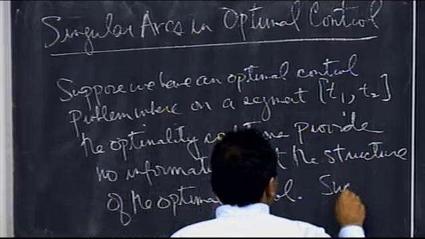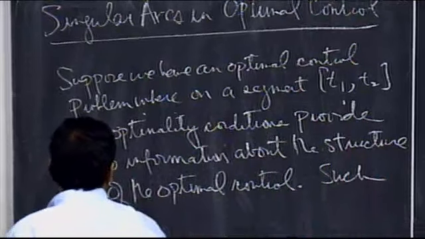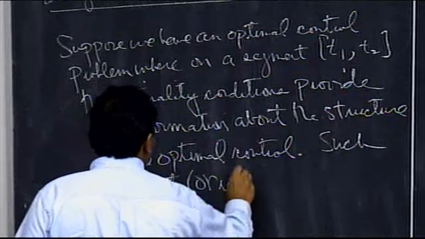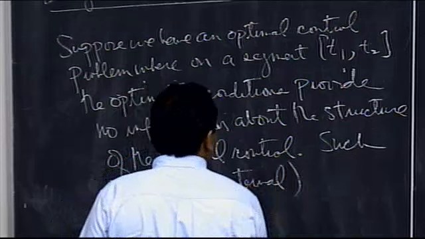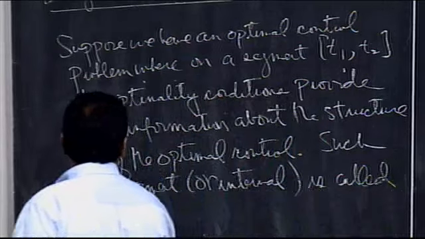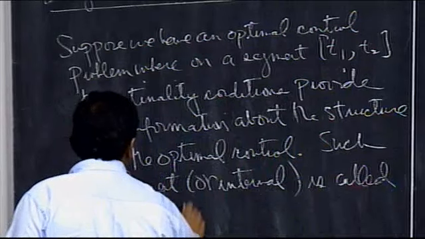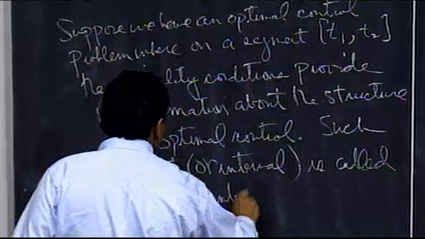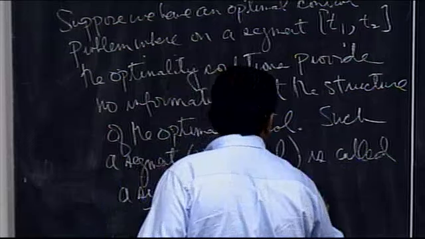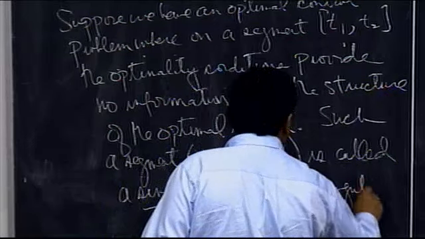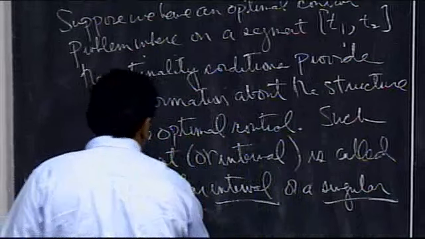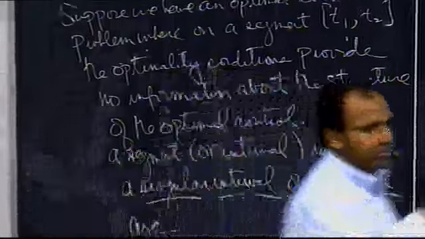Such a segment or interval is called a singular interval or a singular arc. The term arc is like a path. It's an arc of a path, right?